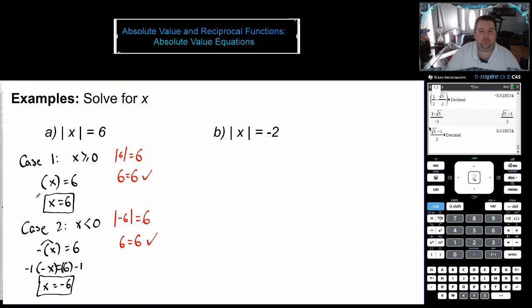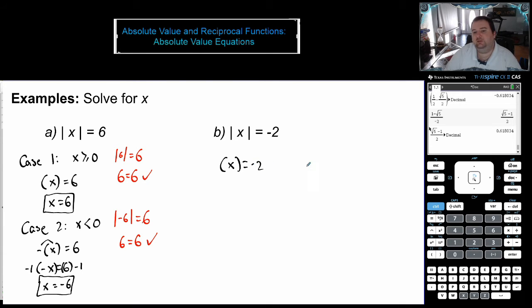Now let's quickly go through what this would look like for this next one, where we have the absolute value of x equals negative 2. Again, there are two cases. Your first case is that what's inside the parentheses is positive.